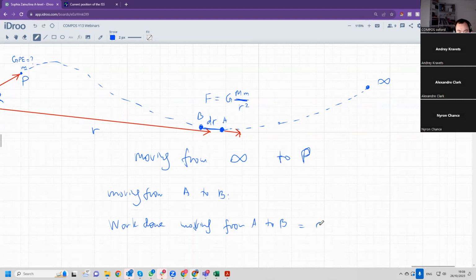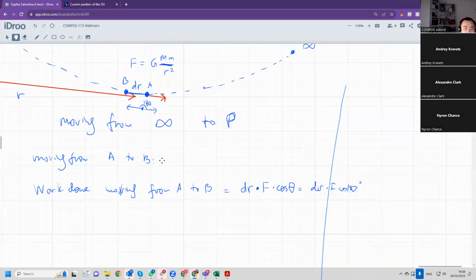It's the movement dr multiplied by the force multiplied by the cosine of the angle between. But the angle is 180 degrees, because you're moving in this direction, but the force is in this direction. So it's going to be dr multiplied by F multiplied by cos 180 degrees.